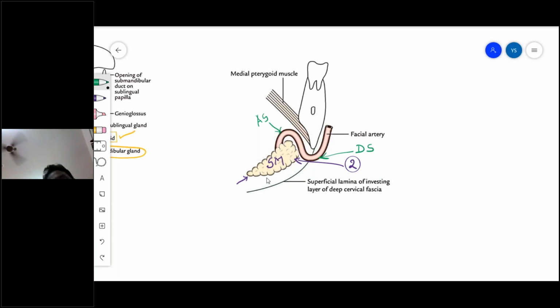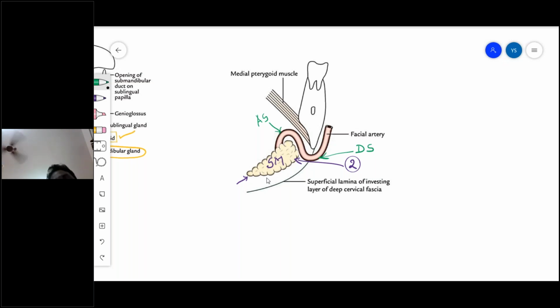So can you see the two green arrows in this picture? Yes. Can you see the green arrows? One is the AS, another one is the DS. What are the names? One is the ascending loop of the facial artery.